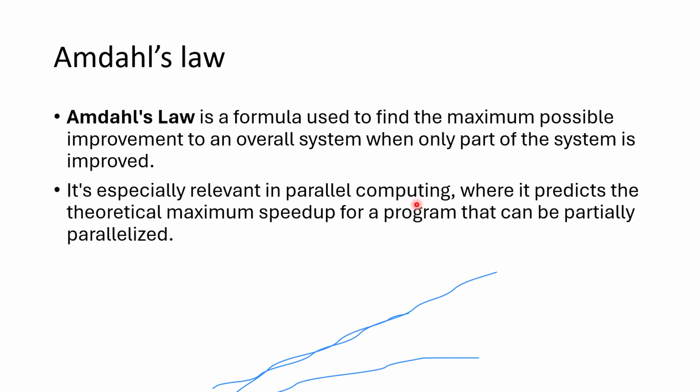So if I'm saying I'm moving from 2 gig to 4 gig, by how much growth will the 2 gig to 4 gig give me? By how much growth will the 4 gig to 8 gig give me? There must be a figure. And that figure would be given by the speed up.